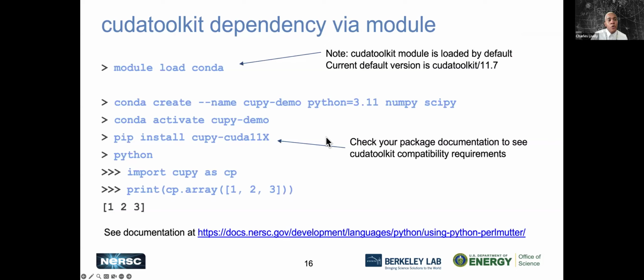One thing that you want to make use of is the CUDA toolkit dependency via our modules. Note that the CUDA toolkit module is loaded by default, and it is going to be 11.7 once you've loaded in Conda. You can always check how to change that if you need a more specific version.